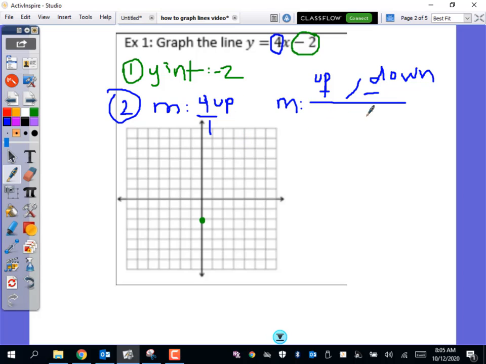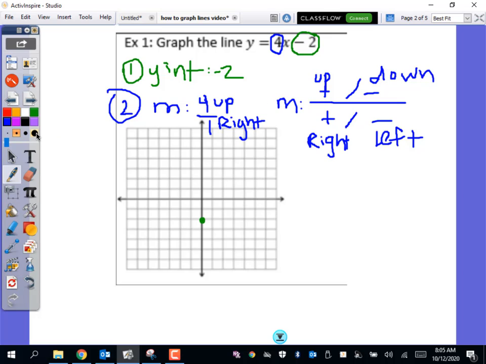Okay. Same deal on the bottom. If the number on the bottom is positive, then that means I'm going to be moving to the right. And if the number on the bottom is negative, then I'm going to be moving to the left. Most of the time, the number on the bottom is positive. And in this case, that 1 on the bottom is positive, so I'm going to be moving to the right.